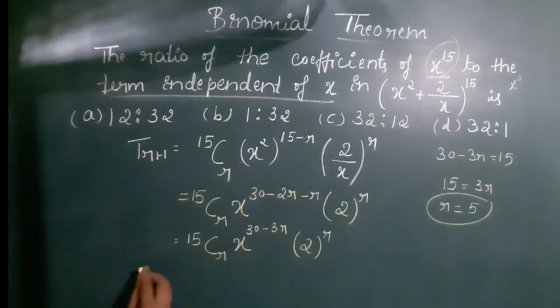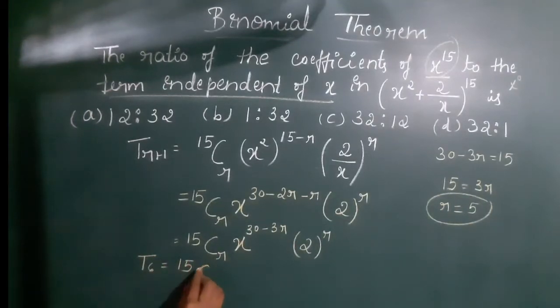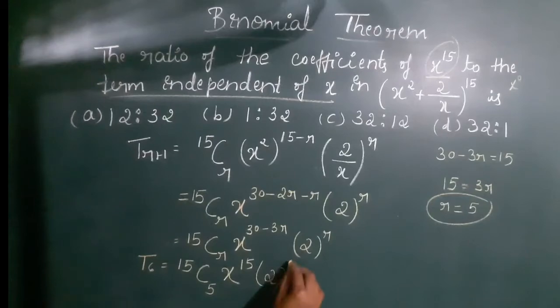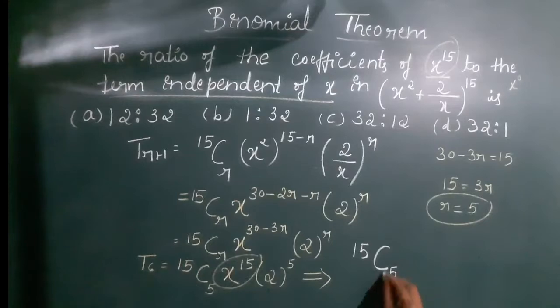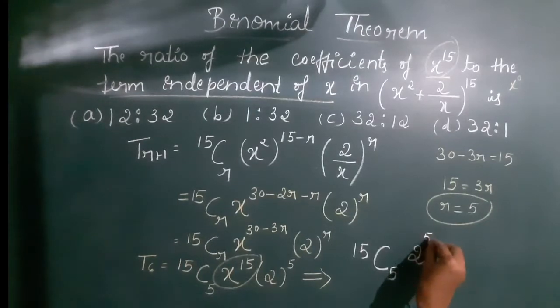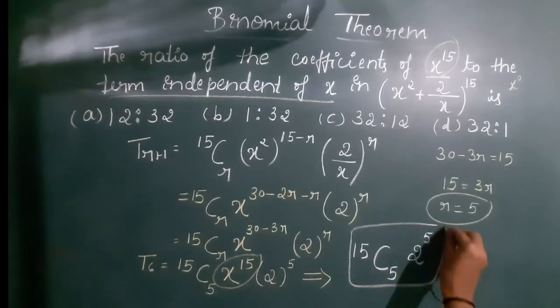If you substitute r equal to 5, this will be T6 is equal to 15C5 x^15 into 2^5. So the coefficient of x^15 is 15C5 into 2^5.